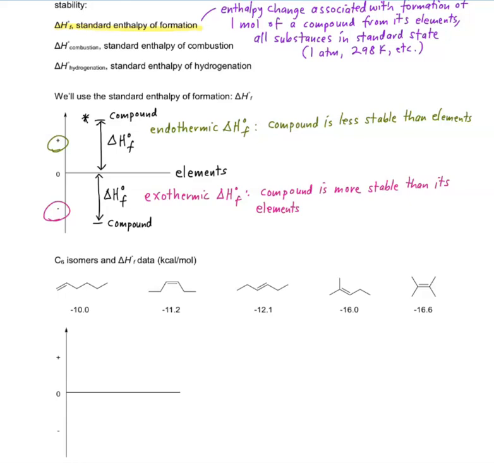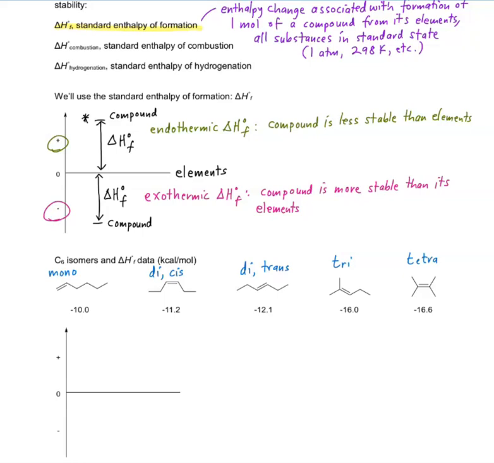The first isomer on the left is a monosubstituted one because there's only one R group attached to the alkene. The second one is disubstituted and cis. The third one is disubstituted and trans. The fourth one is trisubstituted. And then finally, the one over here on the far right is tetrasubstituted.